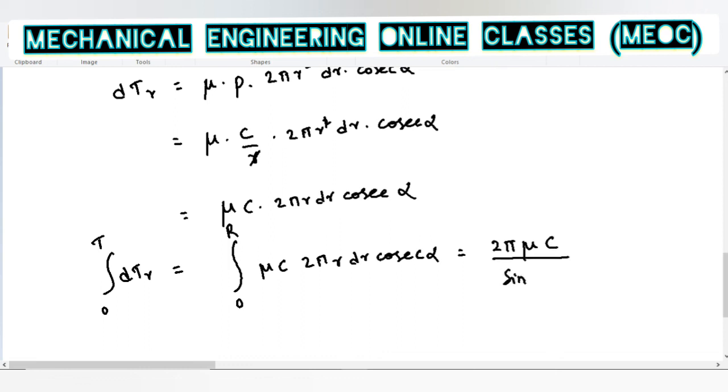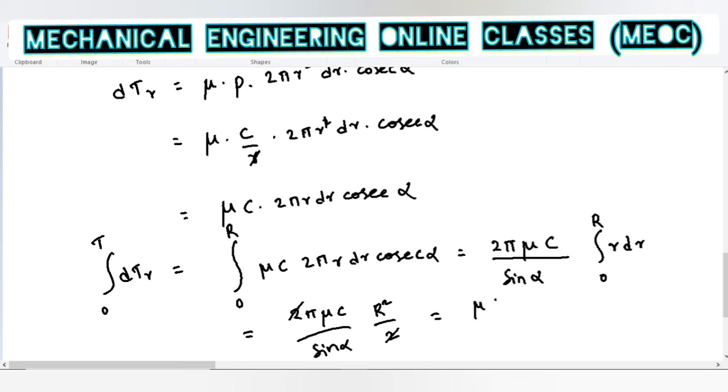I am writing cosecant alpha as 1 by sin alpha. Integral 0 to R r dr. So this can be again written as 2 pi mu C by sin alpha into R square by 2. It is mu pi C by sin alpha into R square.